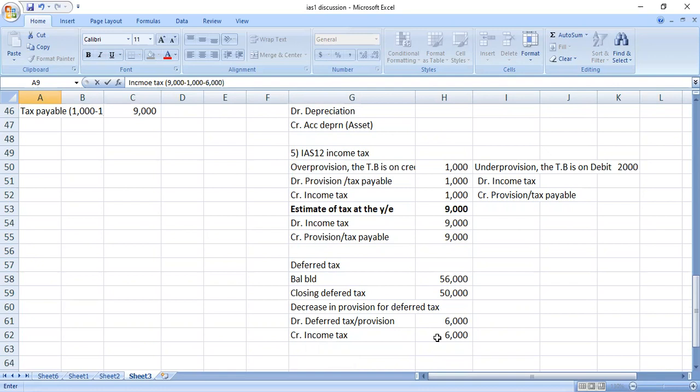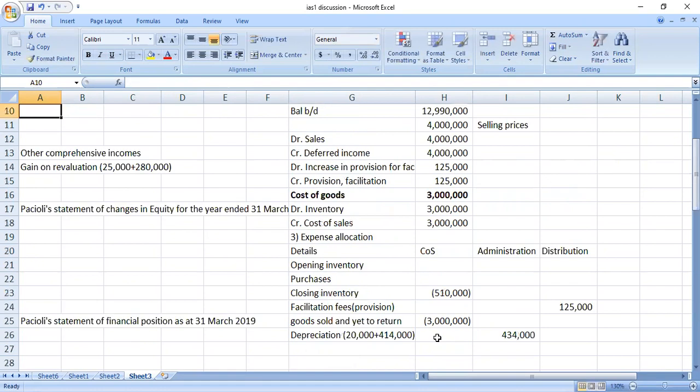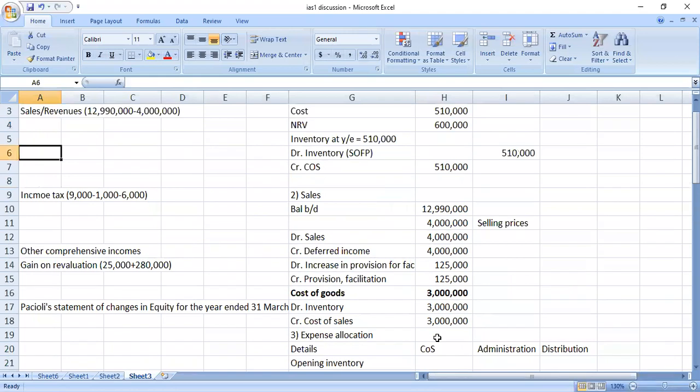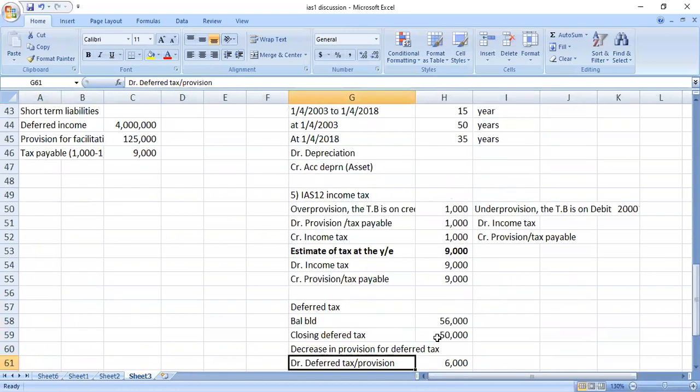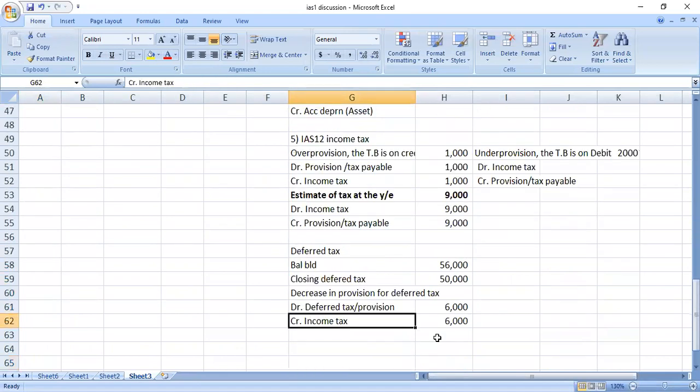Then you close. Someone will tell you what I've just done: these are the entries that have brought me to these figures. With me, of course, I always have an upper hand because of these entries.